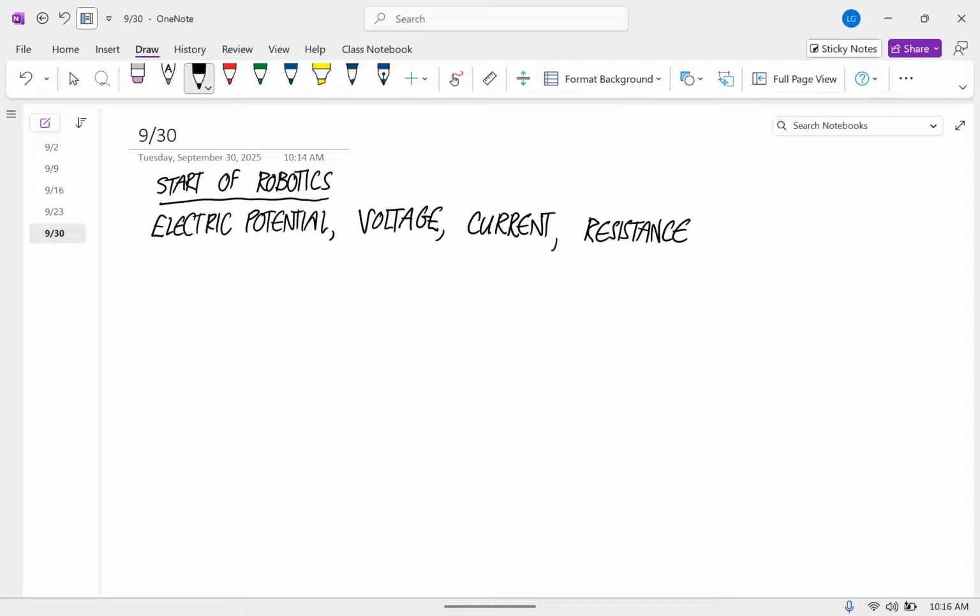The first thing you have to know is that current, electric current, is what powers devices. And electric current comes from the motion of electrons.